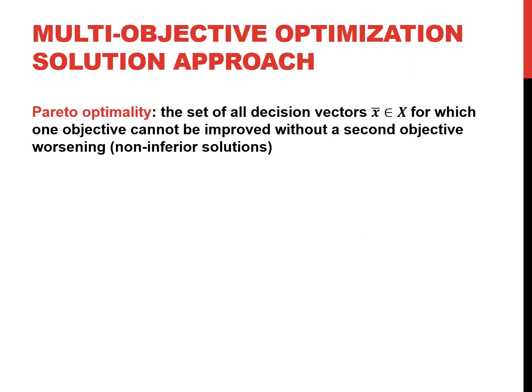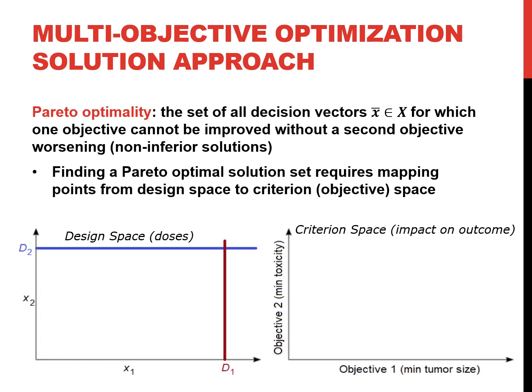This is where we talk to our friends in economics and we use the concept of Pareto optimality, which is the set of all decision vectors for which one objective cannot be improved without the other objective worsening. We call these non-inferior solutions. And so to find a Pareto optimal solution set requires mapping points from our design space, so the actual doses, to criterion space, which would be our combination indices or some kind of impact on outcome.